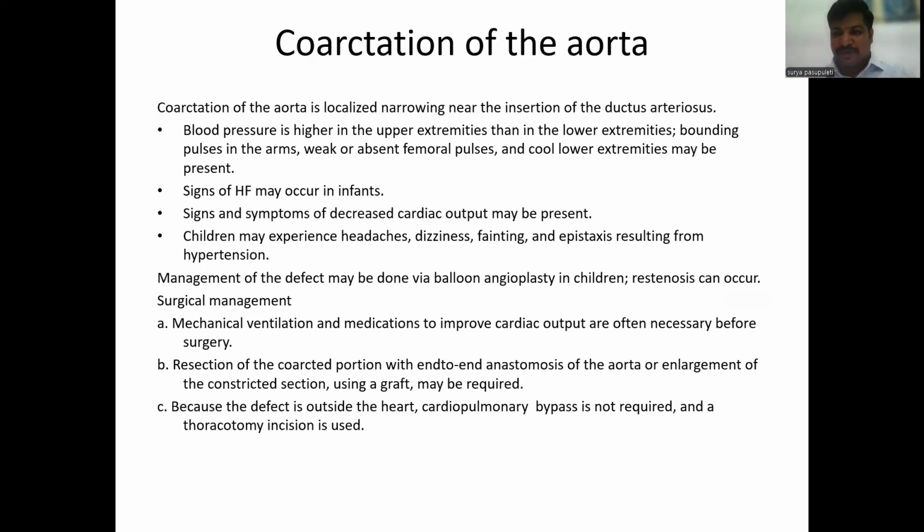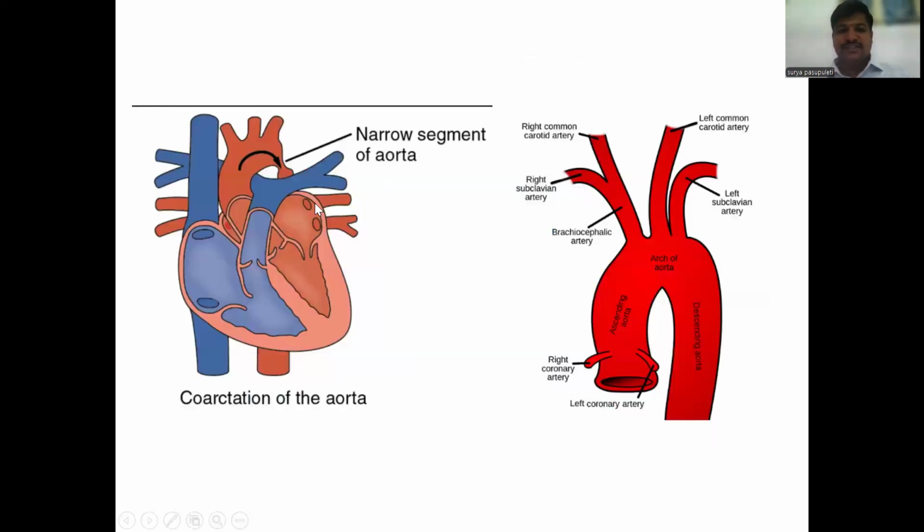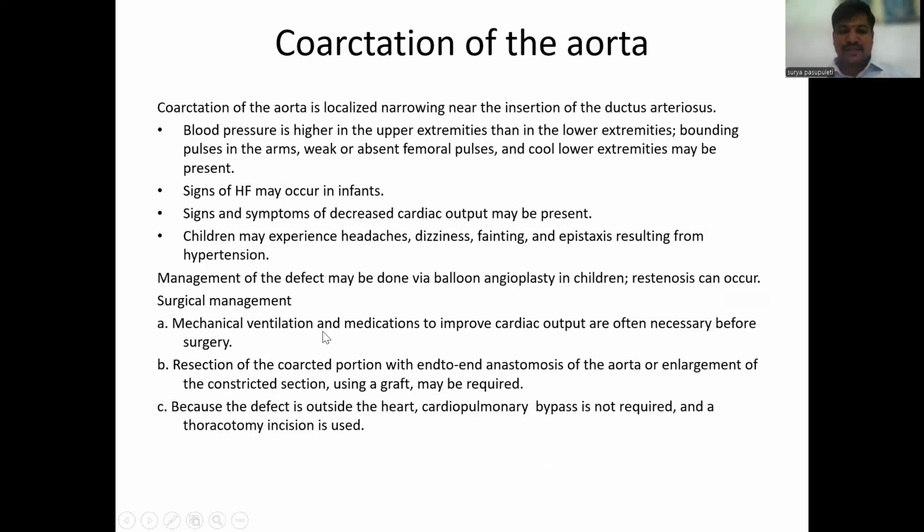So balloon angioplasty will be done, and the narrowed part will be widened. If not balloon angioplasty, surgical management will be done through resection of the part, and end-to-end anastomosis will be done, using a graft or else end-to-end anastomosis alone.